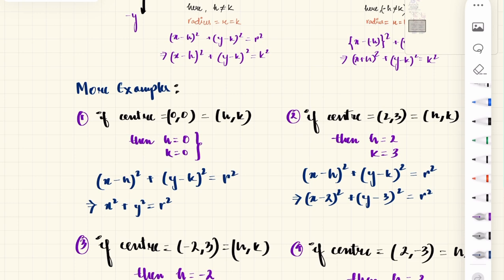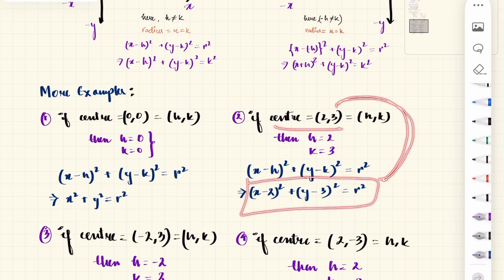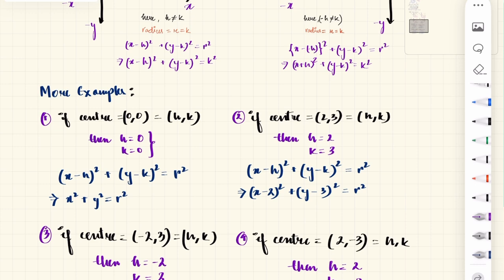This is another equation. But what about if the center is in this form? Maybe the circle might be here, because the x and the y are in the positive form. So this is a different form. When the center is in this way, we form a different equation, because height is equal to 2 and k equal to 3.